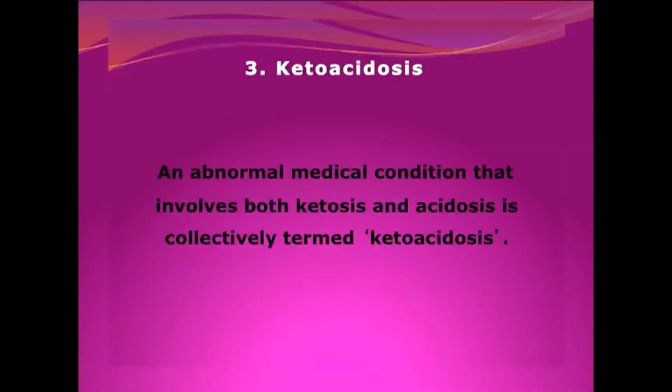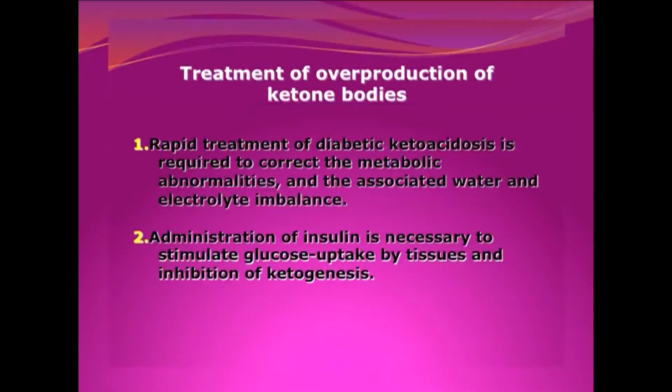Now, ketoacidosis. Ketoacidosis is a medical condition that combines two different medical conditions that I have already discussed, that are ketosis and acidosis, taken together. Now, coming to the treatment of the overproduction of ketone bodies, we have to be very sure that in these patients we maintain a proper water and electrolyte balance, and we must also treat them with insulin from external sources that will stimulate glucose uptake by the tissues and inhibit ketogenesis.